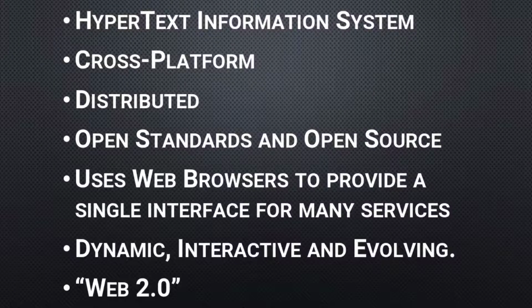You can access it anywhere in the world. The web browser is like a single interface that provides many services. It's also dynamic, it keeps on changing. It is also interactive. It is also evolving. Every day we are getting new information from this www.